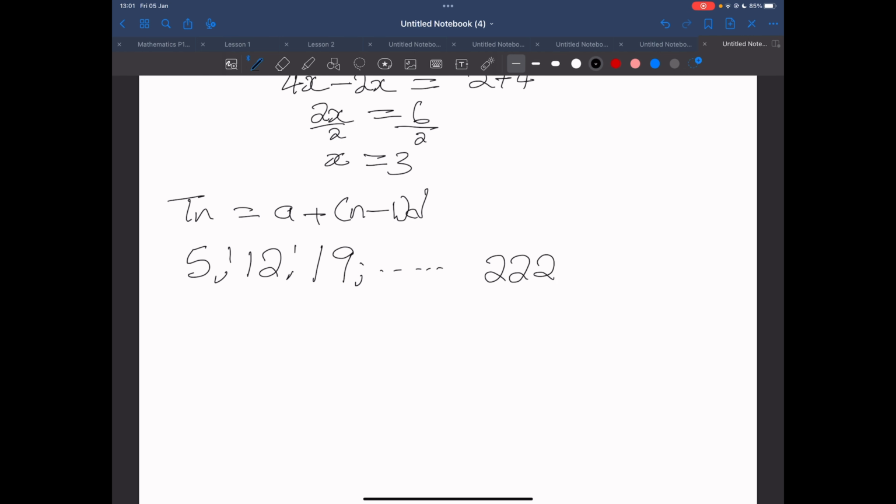Now, we want to know how many terms are there in the pattern?